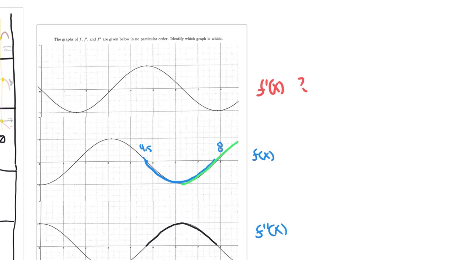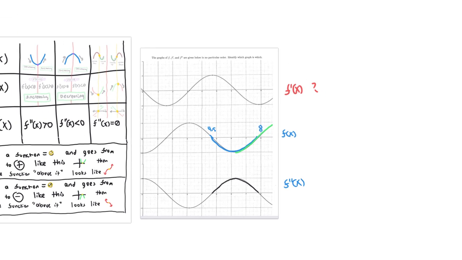But is f prime of x above the x-axis during that interval? No. So therefore, we know beyond a shadow of a doubt that this second one cannot be f of x. Now, that means, of course, that the third one is f of x. So we will go ahead and with confidence call this f of x.